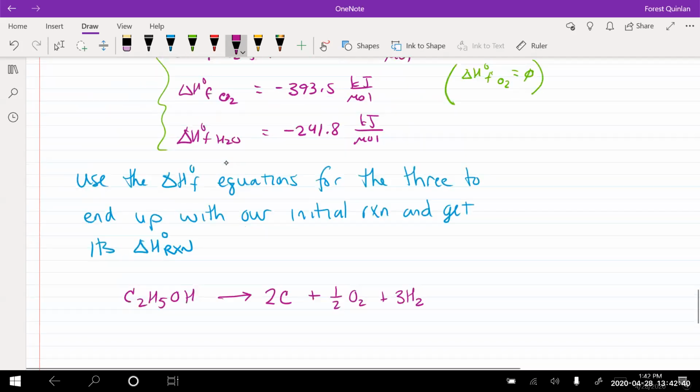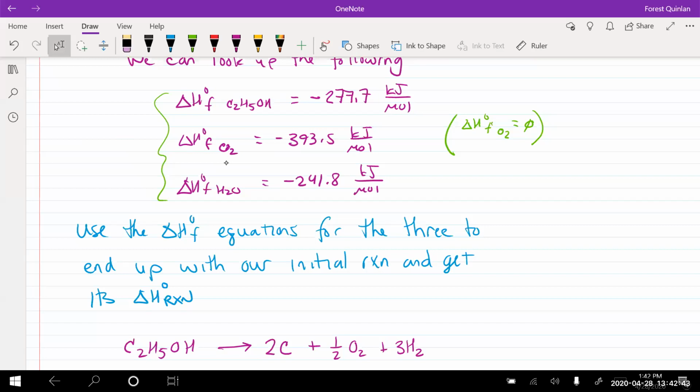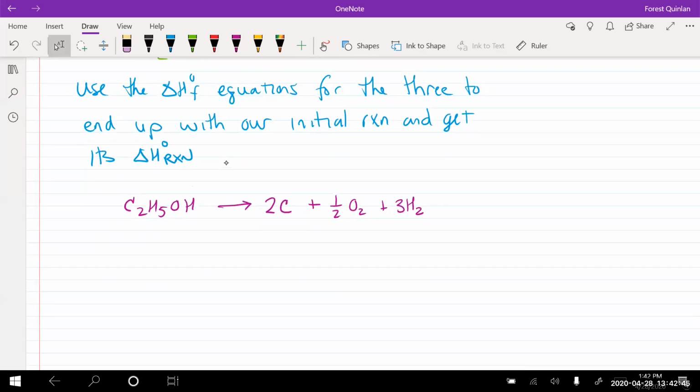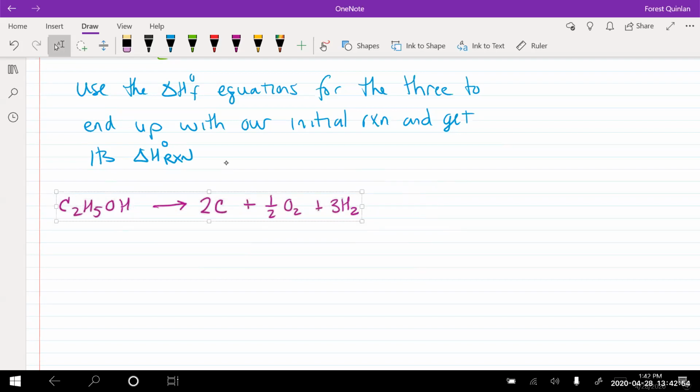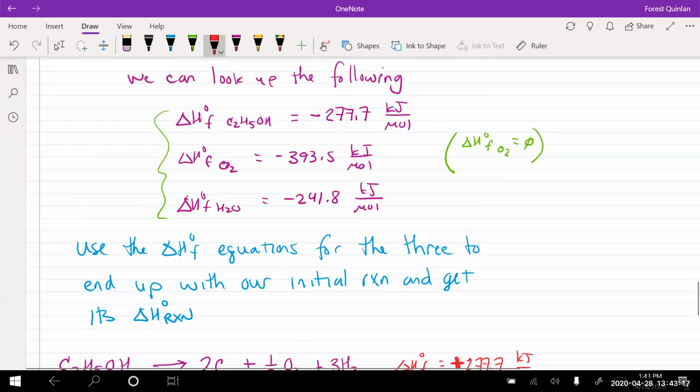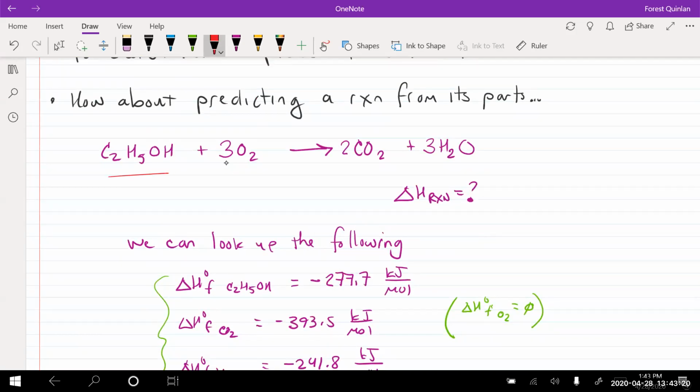So its delta H that we looked up as negative 277 now becomes positive 277 because we switched it. So that delta H naught is now positive 277.7 kilojoules per mole. Right, because we flipped it. And the reason we flipped it, just to remind us, it was on the left-hand side of the equation.